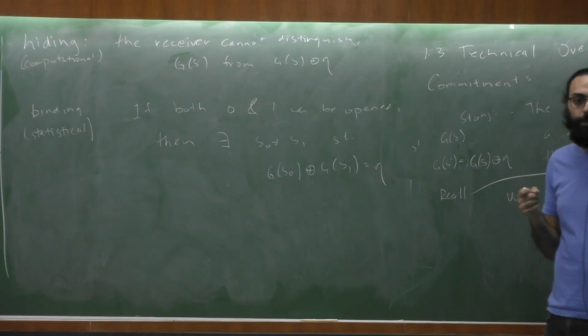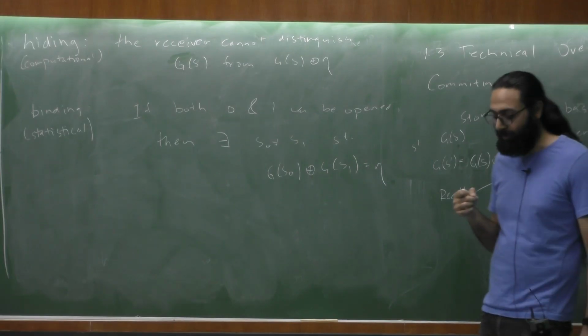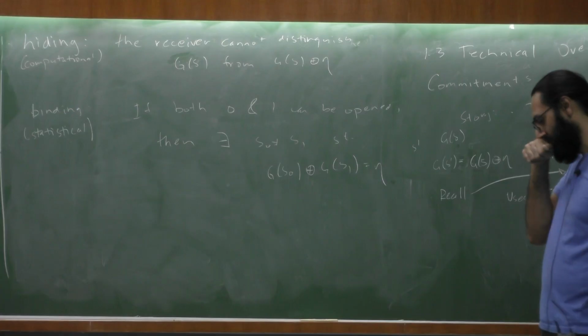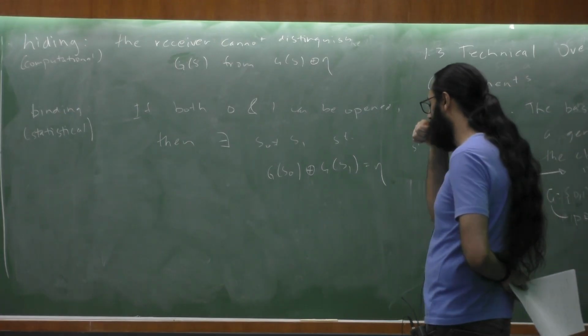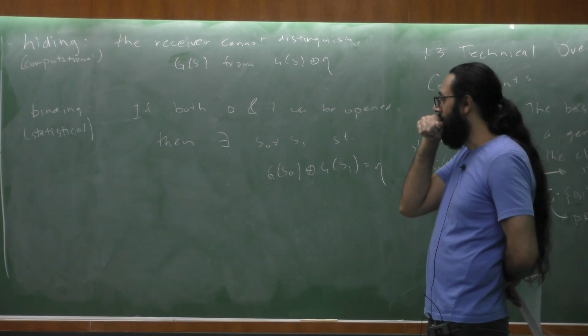But doesn't this violate the binding being statistical? Because, oh, maybe I'm missing something. Okay, say again. Maybe I misunderstood your question. So binding being statistical means under any adversary I will only accept the correct bit, right?